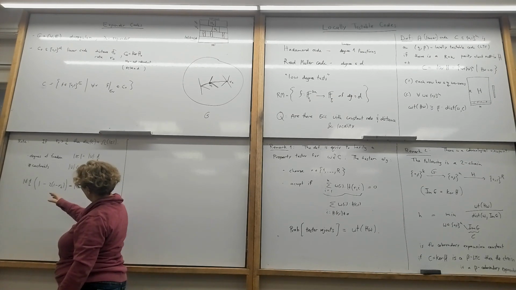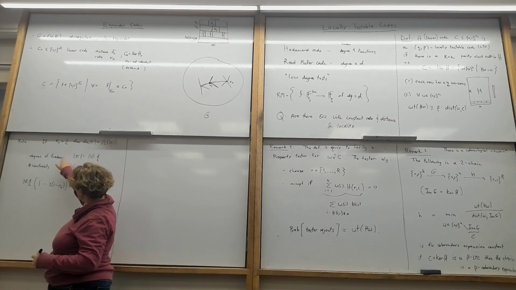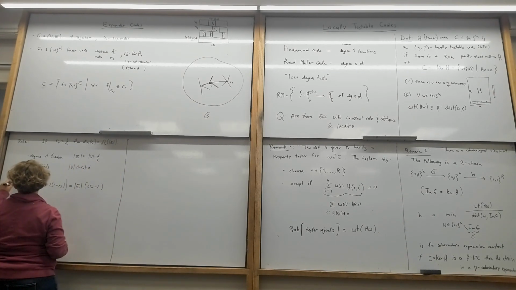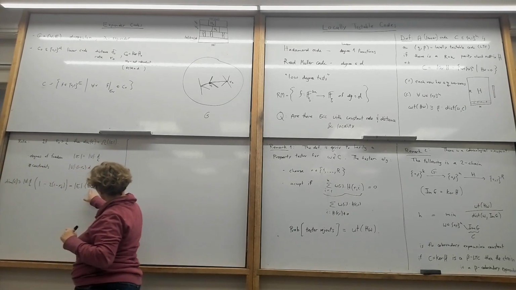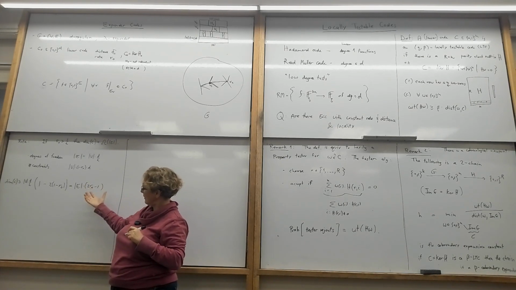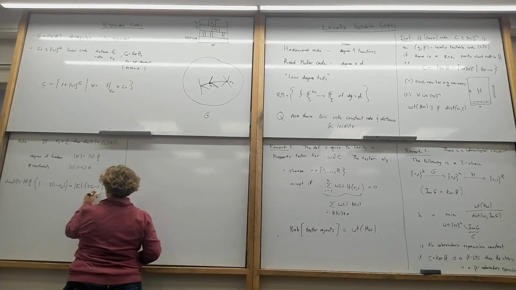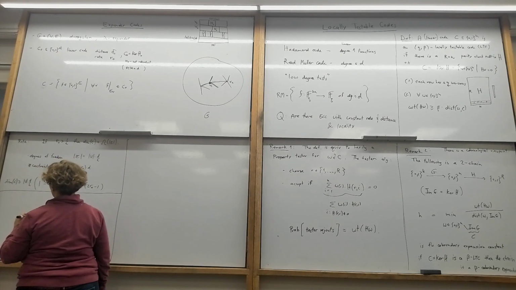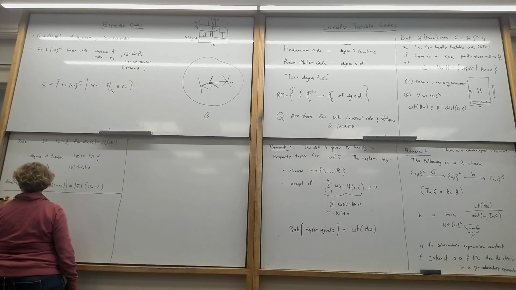So this minus this is at least this much, and of course this is a lower bound on the dimension of the code. So if R0 is bigger than a half, this is bigger than 0, and I get that there's significant rate, basically just by counting constraints. What about distance?